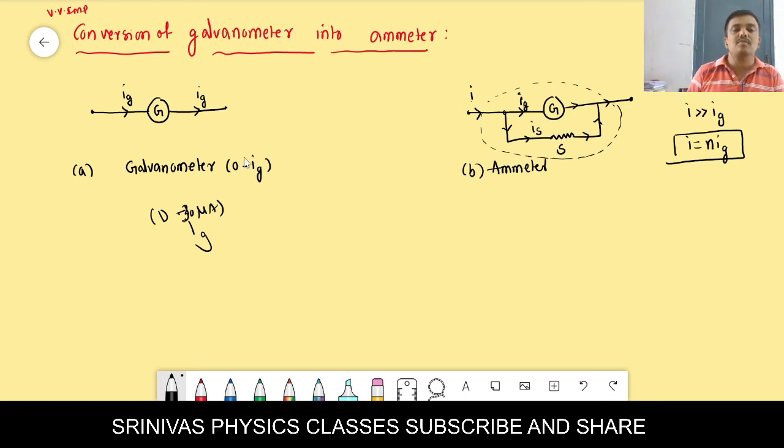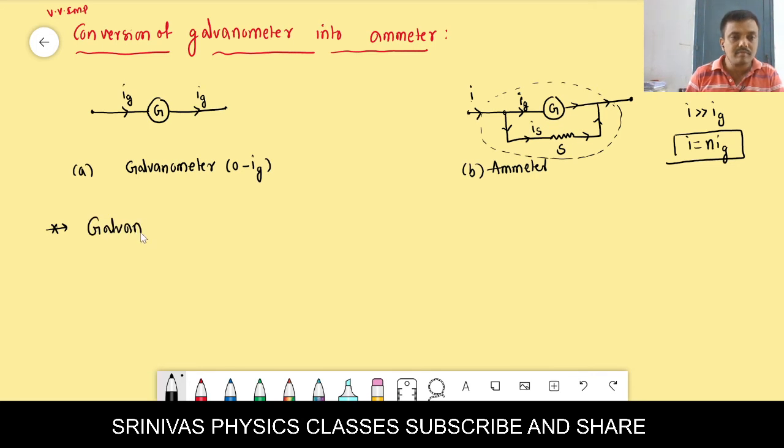In order to convert the galvanometer into ammeter, what do we have to do? A small resistance called shunt is connected parallel to the galvanometer.